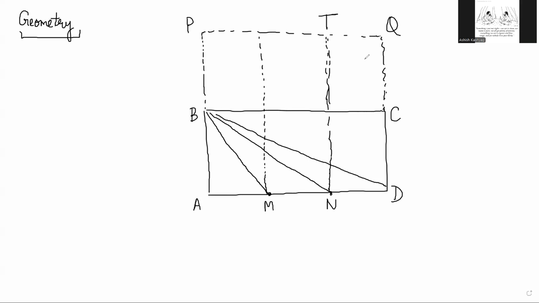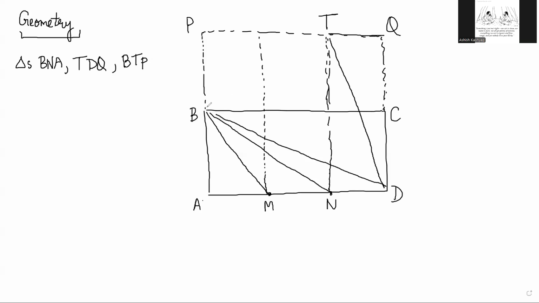Right. Now, if you look at the triangles BNA, TDQ, so basically join T and D, and BNA, TDQ, and this triangle BTP.